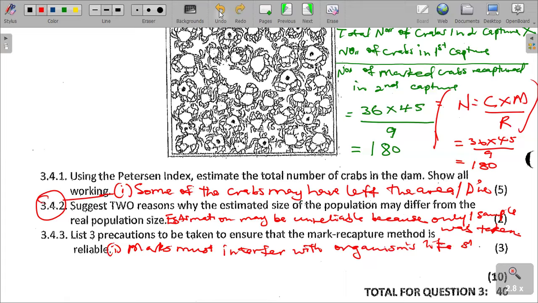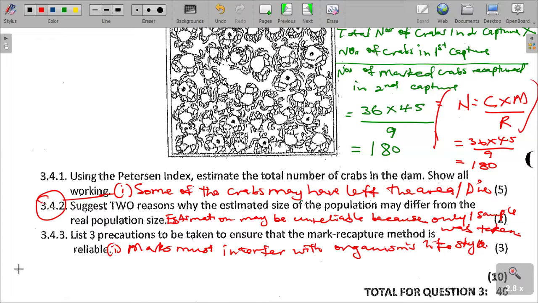The organism must not die, it must not be affected in terms of its breathing, its movement, and acceptance by other organisms in that place.